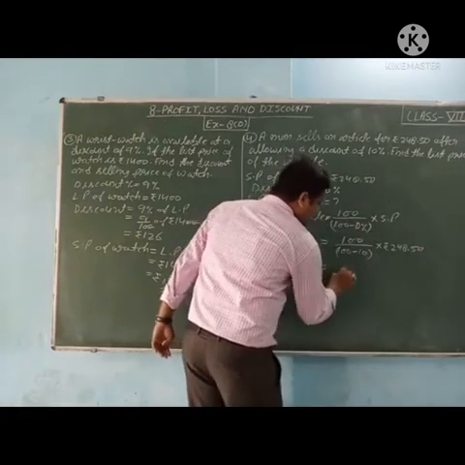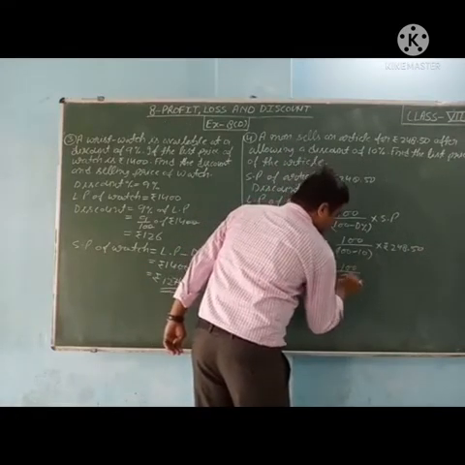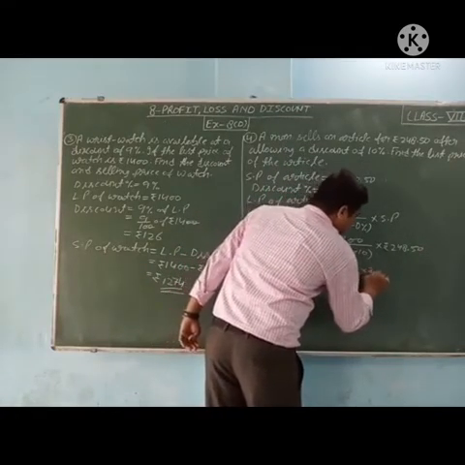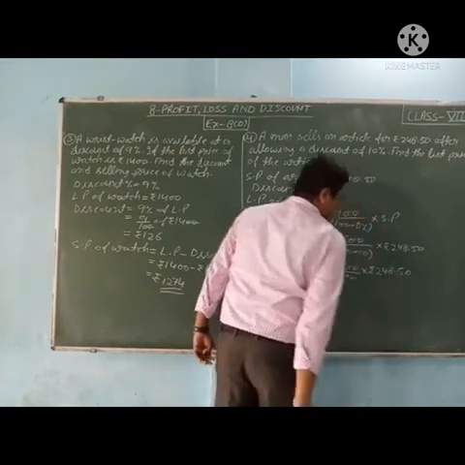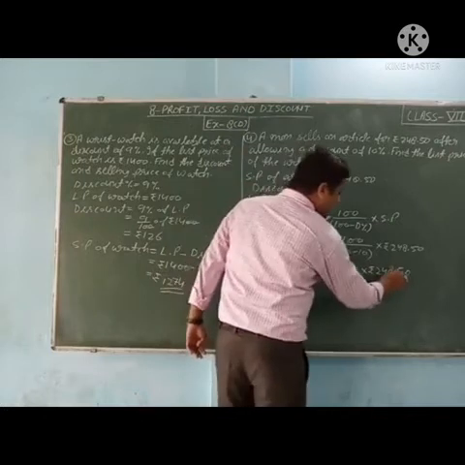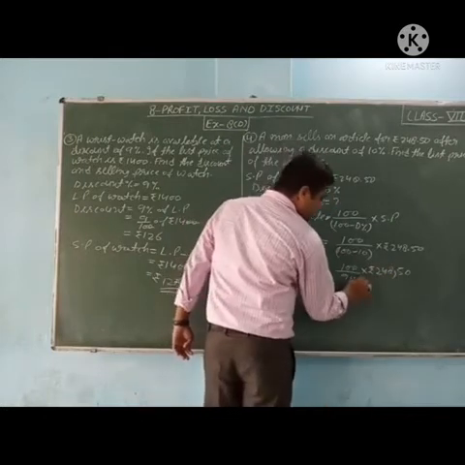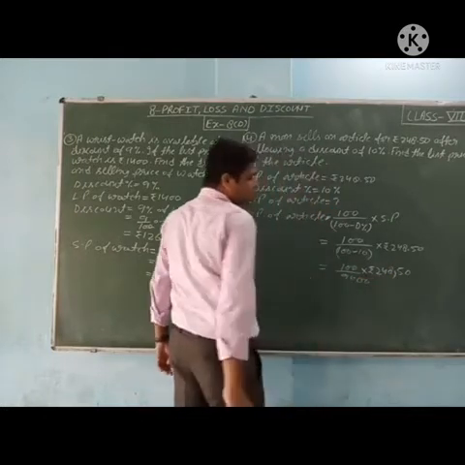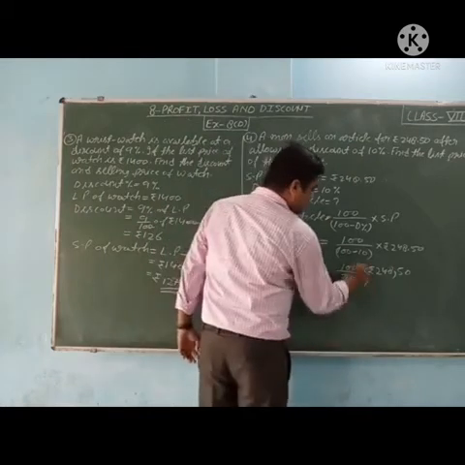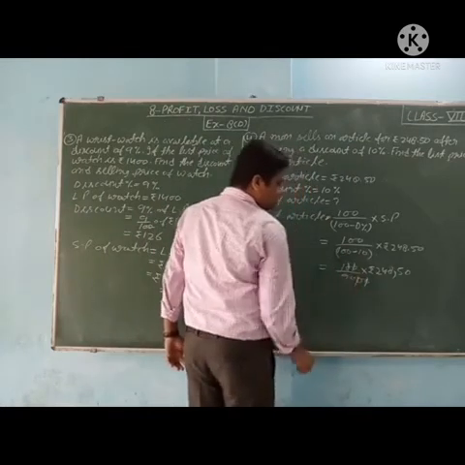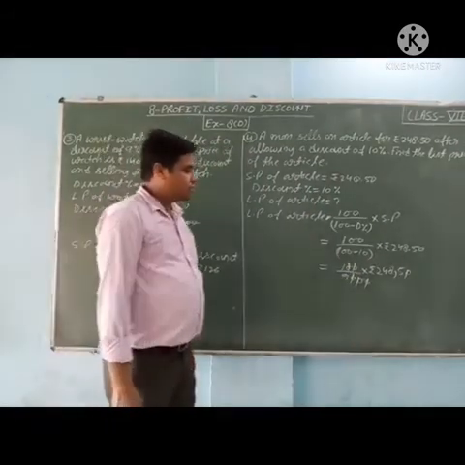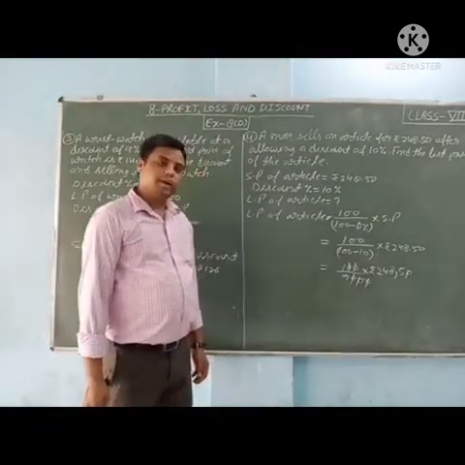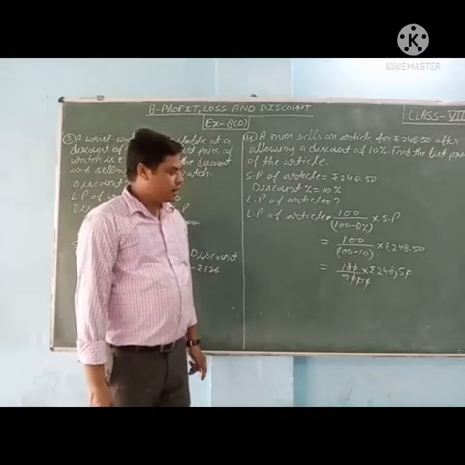So it is equal to 100 upon 90 multiplied by rupees 248.50. So we can remove the decimal. How many zeros? 2 zeros, because the decimal is after 2 places. So zero and zero cancel, zero and zero cancel, this zero and zero also cancel. So what do we have? Rupees 2485 upon 9.